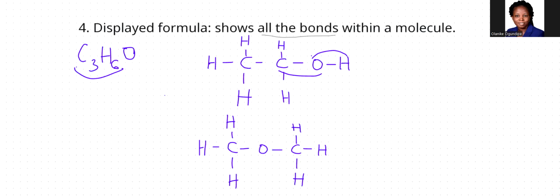Now, what does this mean? This is telling me that these two compounds shown here belong to different homologous series, although both of them have the same molecular formula, C3H6O. But with the displayed formula, I'm able to see all the bonds within the molecule, and that gives me an idea of the functional group that this molecule has.